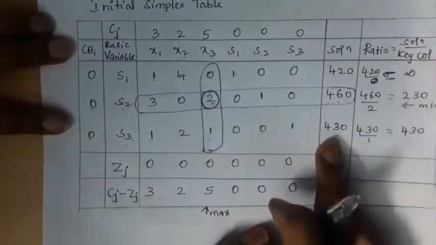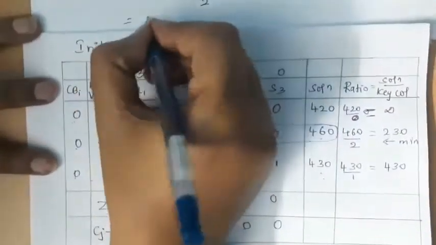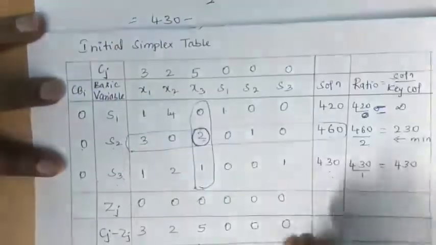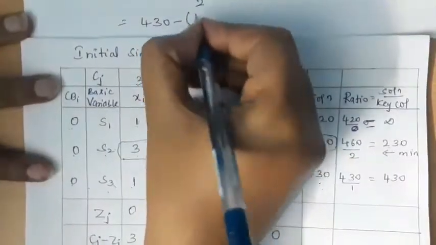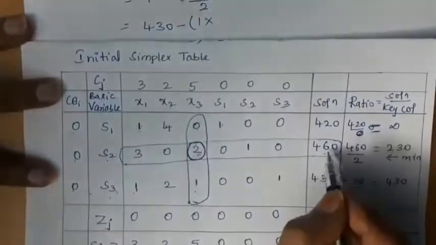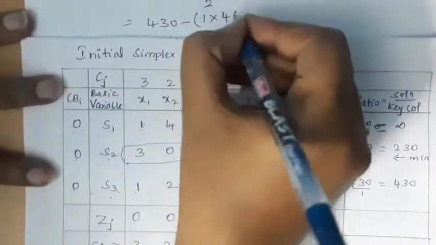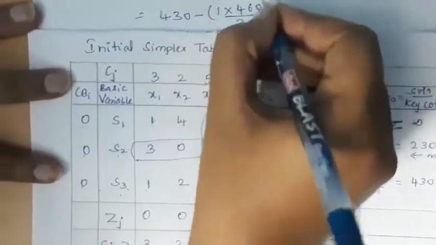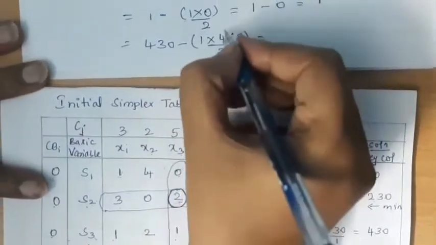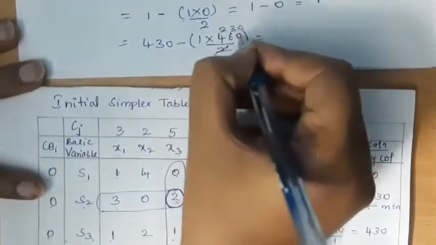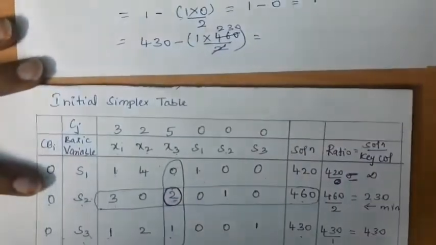So the next old value is 430. Write down 430 minus the corresponding key column value 1, into the corresponding key row value 460, divided by the key value 2. So here 230 times cancels 460.